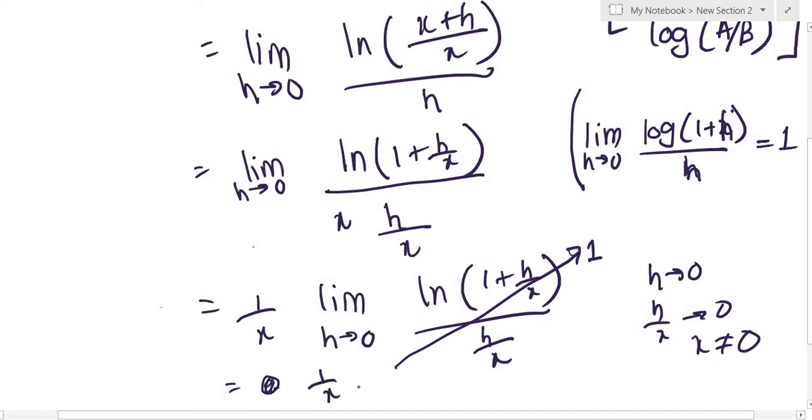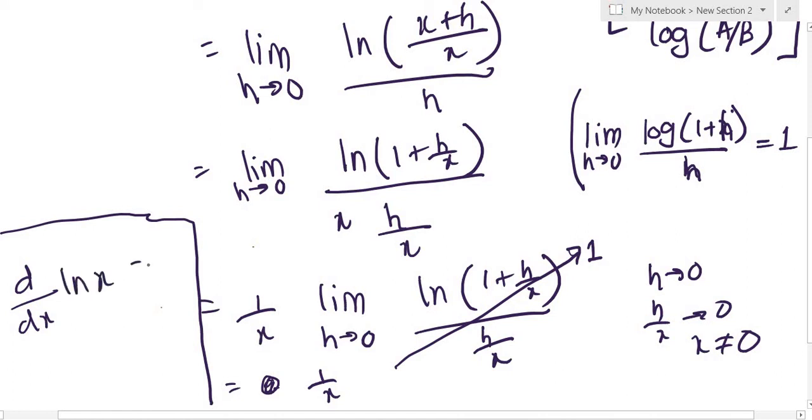So at x equal to 0, it's not differentiable. The derivative doesn't exist. So let me write it down. d over dx of the natural log of x is 1 over x.